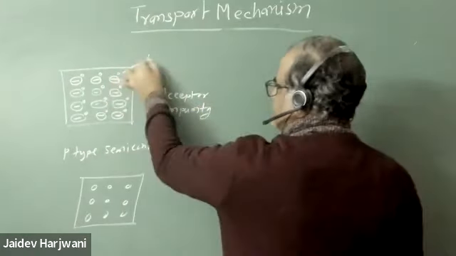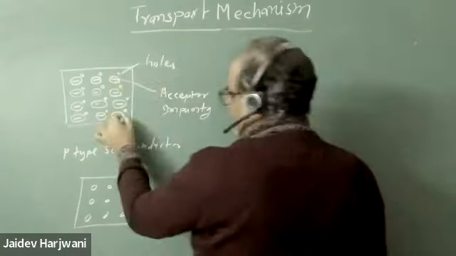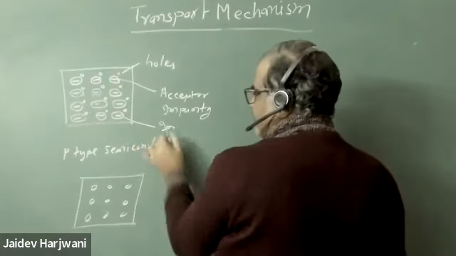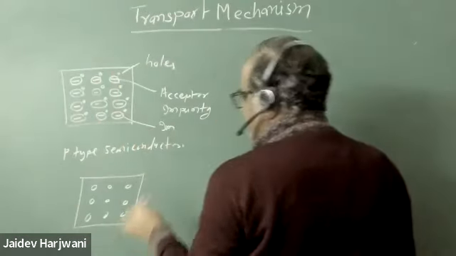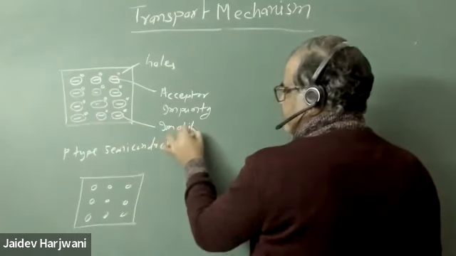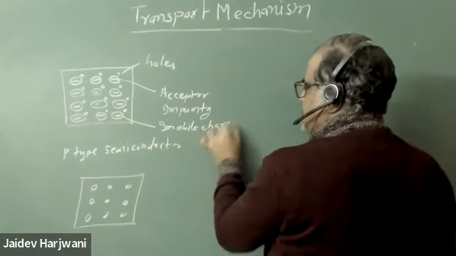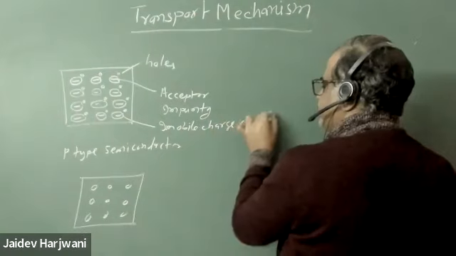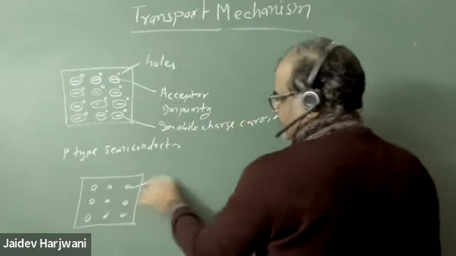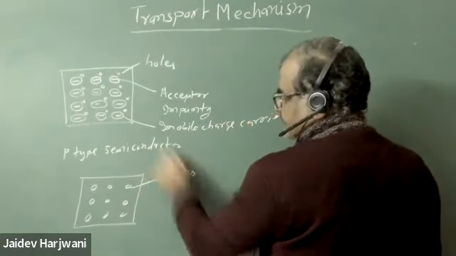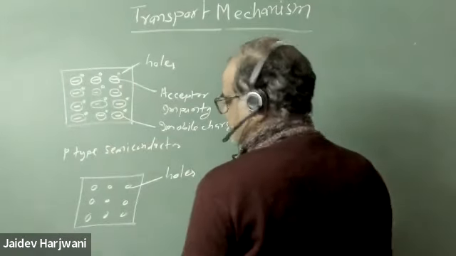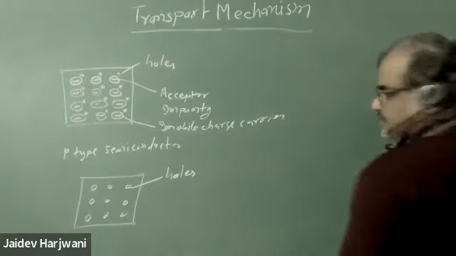These are holes. These are immobile charge carriers. They cannot move because they are ions, they are fixed in the lattice. Similarly, these are holes. So you can represent the p-type semiconductor either way.